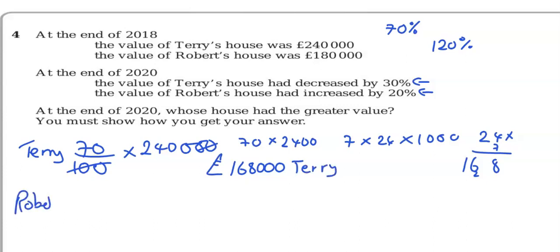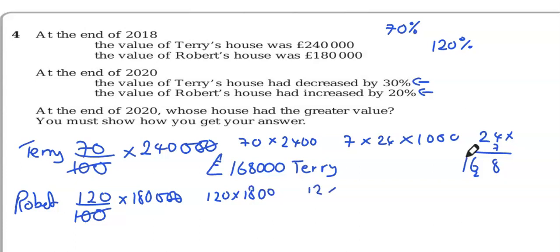And now we look at Robert, and he's got 120% of £180,000. Cast out the hundreds, and that is 120 times 1,800, which is 12 times 18 times 1,000.